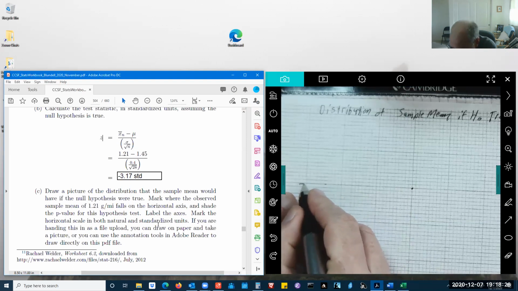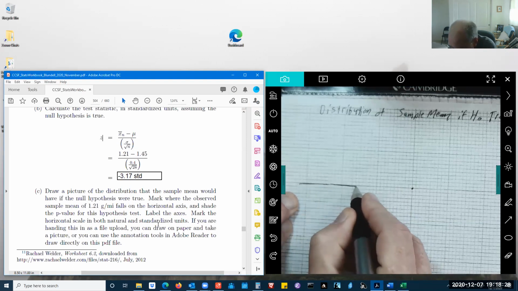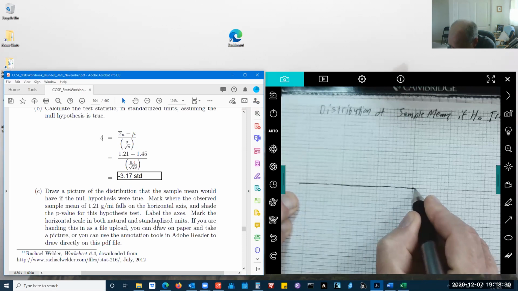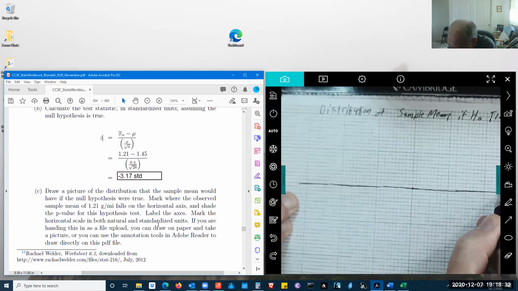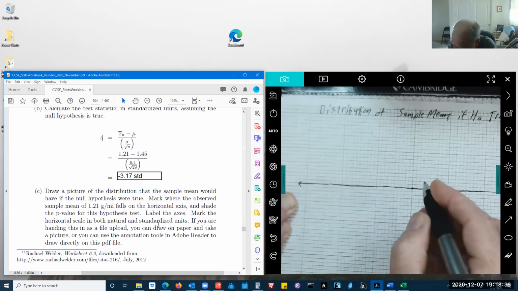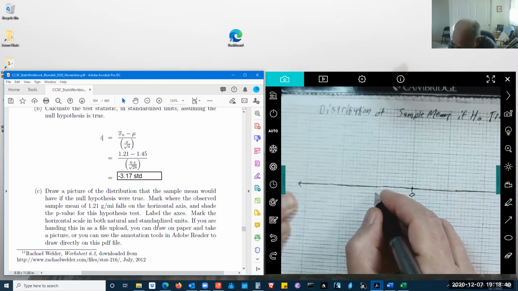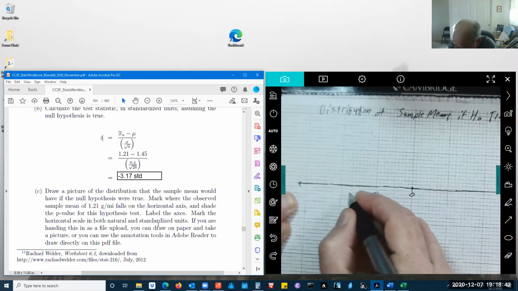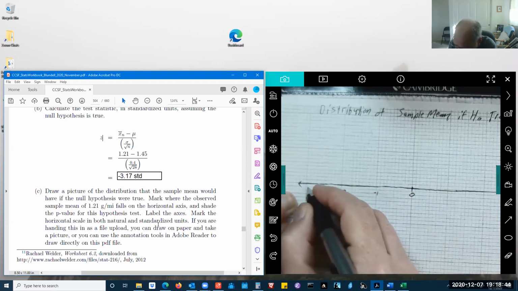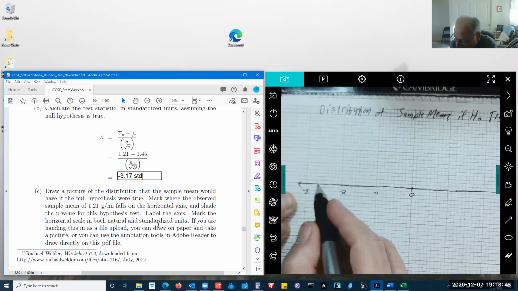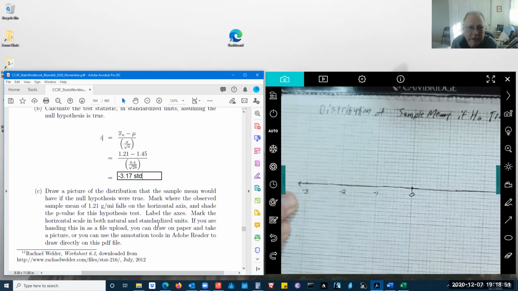I'm going to draw the standardized units first, just because it's easy to set up the scale that way. You know that the zero's in the middle, and by the time you get back to about -3 STDs, the curve's down to almost 0 at that point.